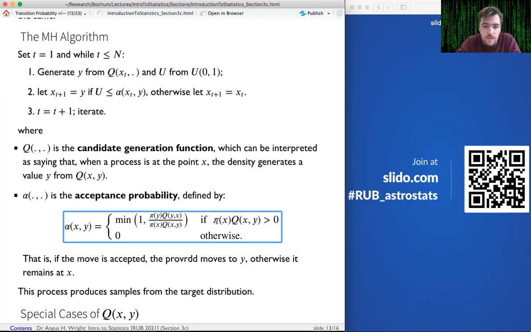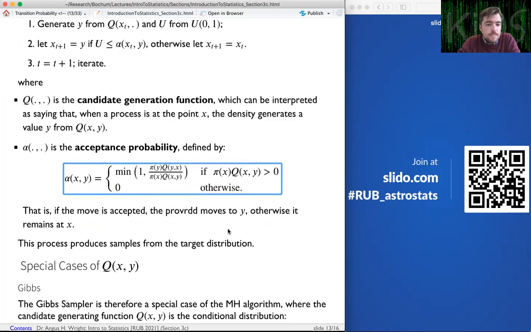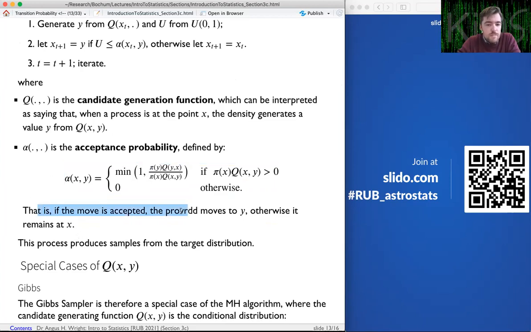Okay, and it's obviously 0 if the target distribution has 0 probability at x, right? So if the move is accepted, we move to y, so x gets updated to the new location, xt plus 1 is equal to y. Otherwise, we remain where we are.